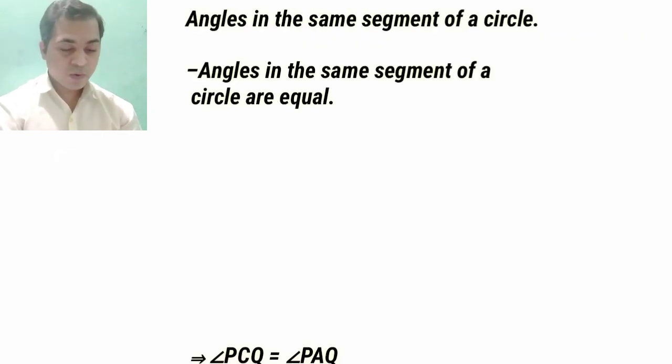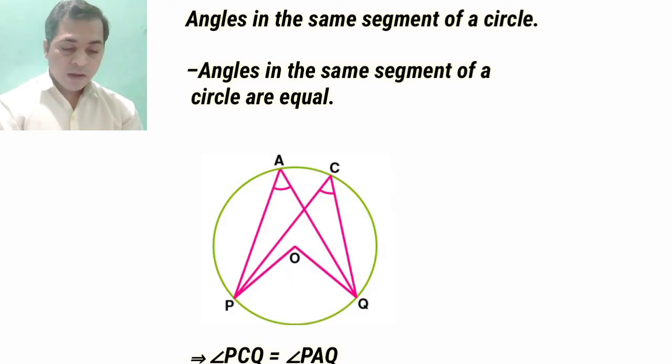Angles in the same segment of a circle. Angles in the same segment of a circle are equal. What does it mean that angles in the same segment of a circle are equal? Here the angles are in the same segment. There are two angles over here, PAQ and PCQ, right?